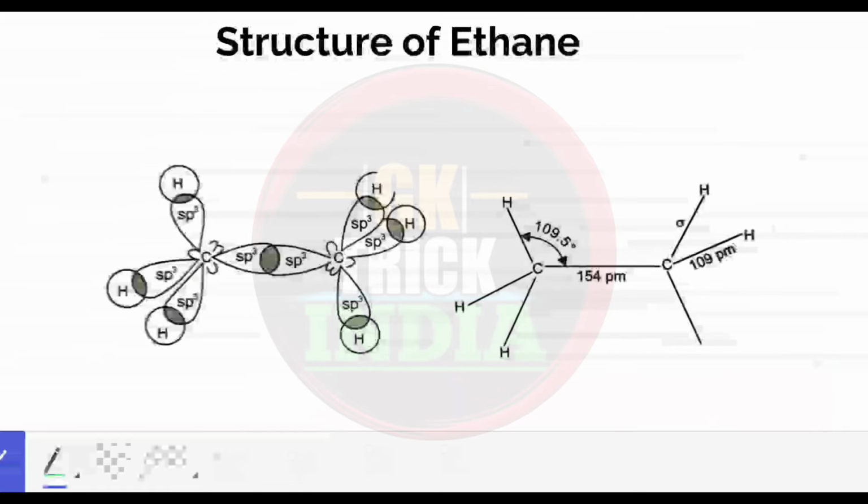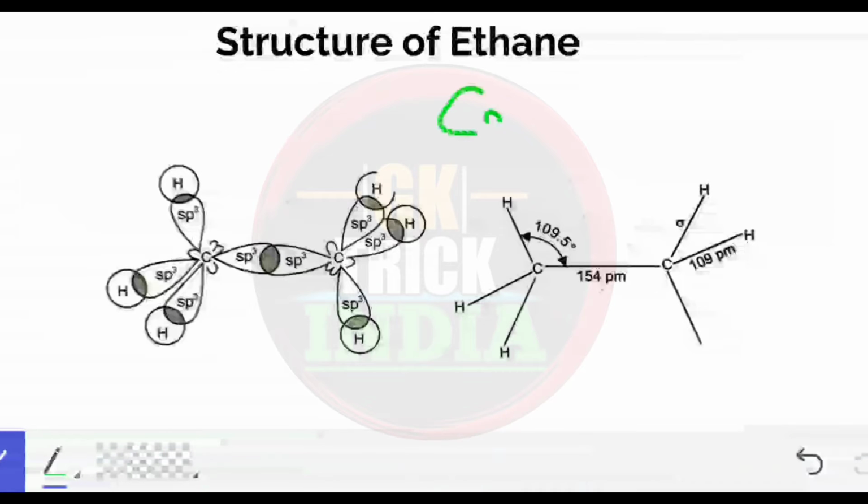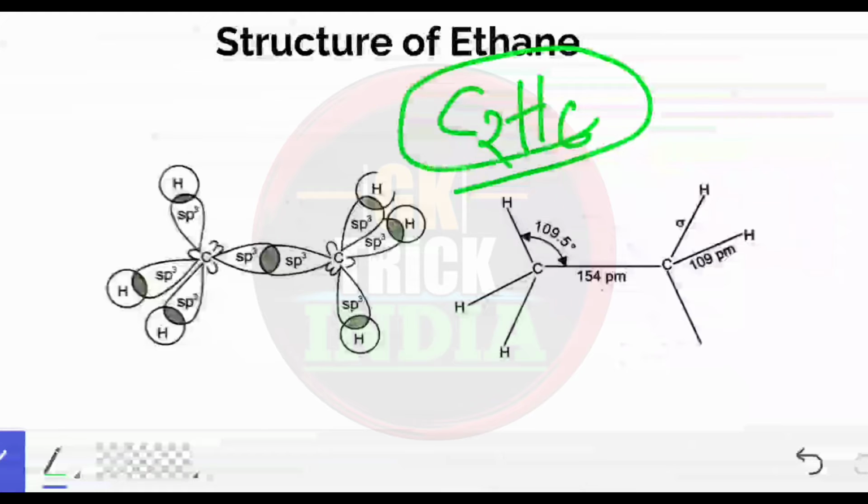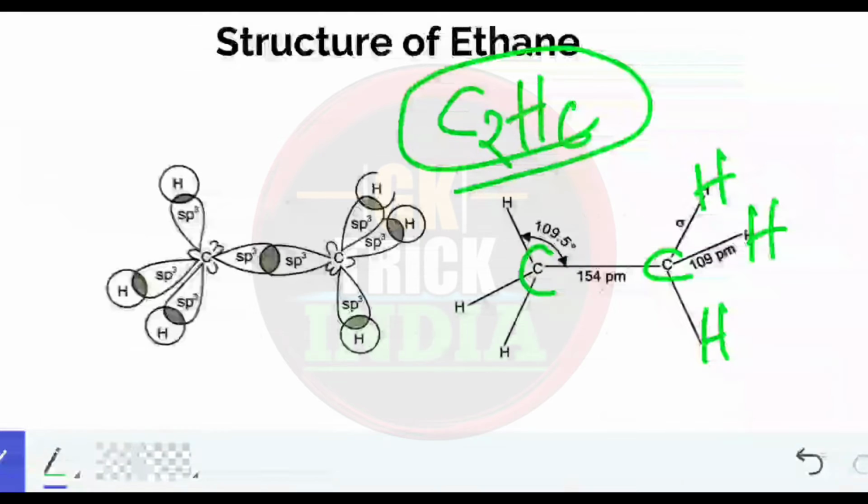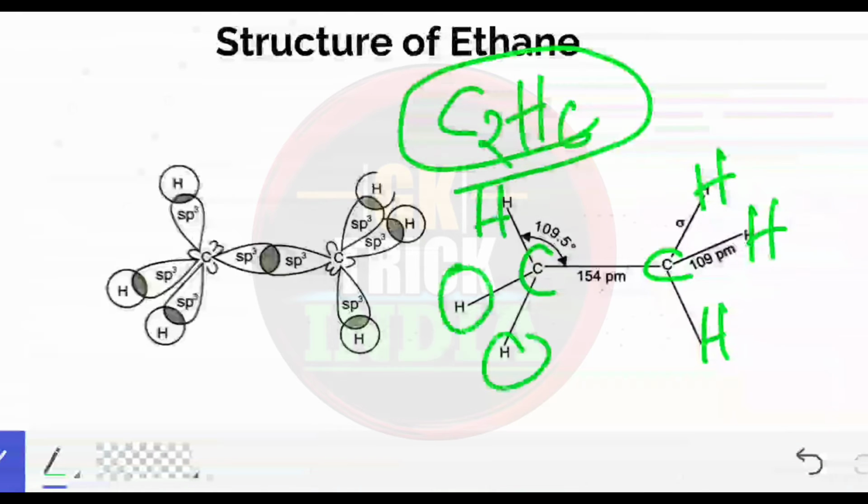Here we have a compound containing 2 carbon atoms, commonly represented by the chemical formula C2H6, right? As you can clearly see, you have 2 carbon atoms attached to 6 different hydrogen atoms.